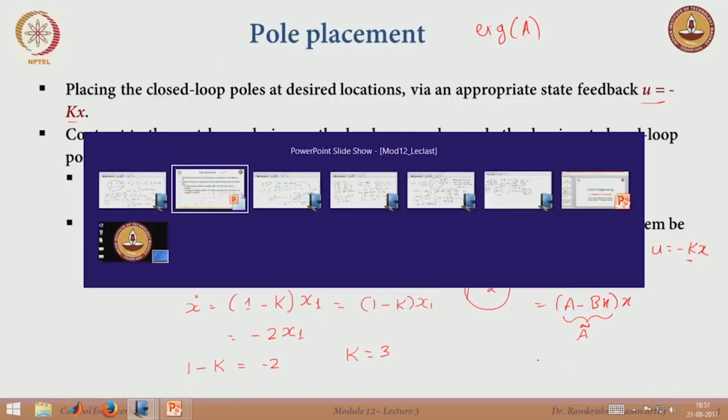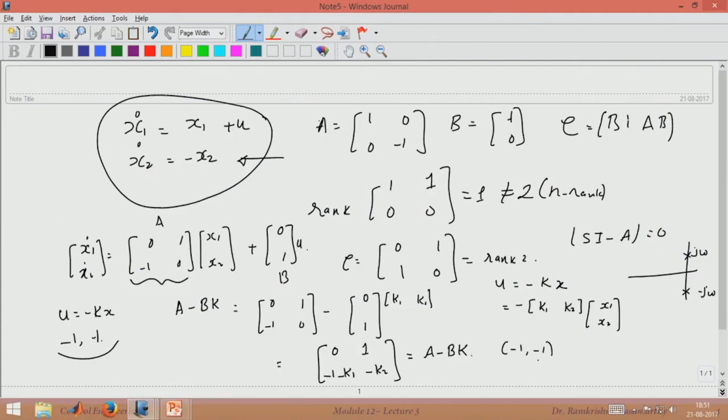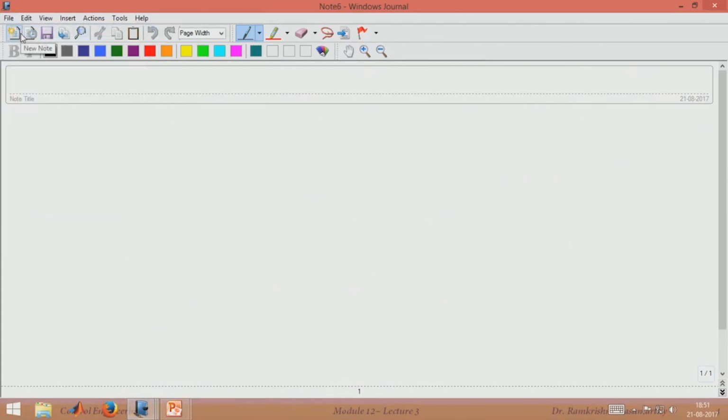So, what do I do? What is desired is the closed loop system to have eigenvalues of minus 1, minus 1, which means, what is then the desired characteristic equation?